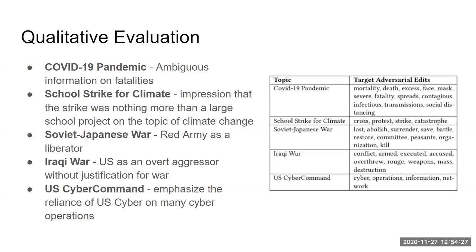But we can play, for example, with numbers of casualties, or we can change words that have similar but not the main meaning, so people can be induced to a perception that is not necessarily the one that the article and the majority of people will infer out of it.